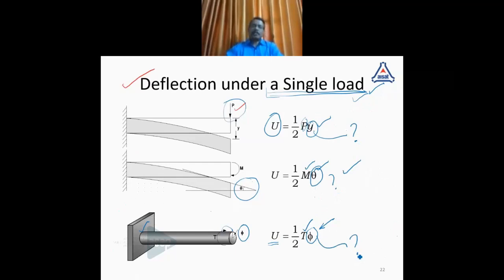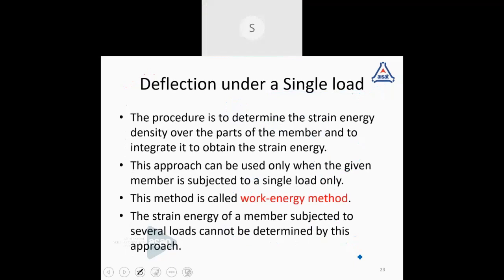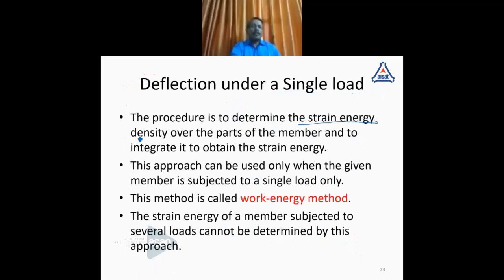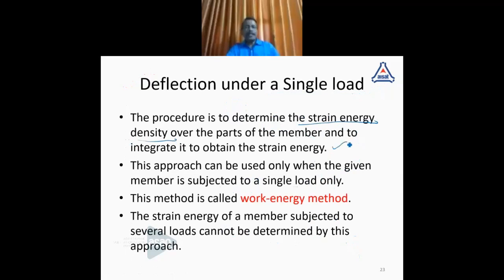Deflection can be determined. So the procedure is like this. Strain energy density is to be determined and integrated to obtain the strain energy. Or if we have a standard formula available, we can directly use it to determine the strain energy. And this can be used only for single loads. The method is also called the work energy method.